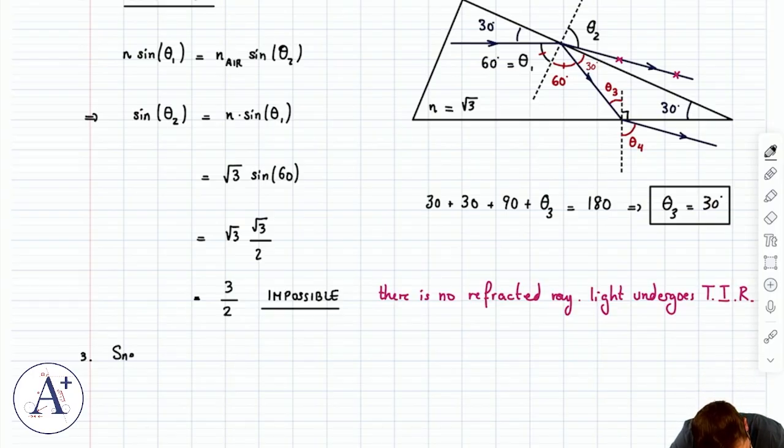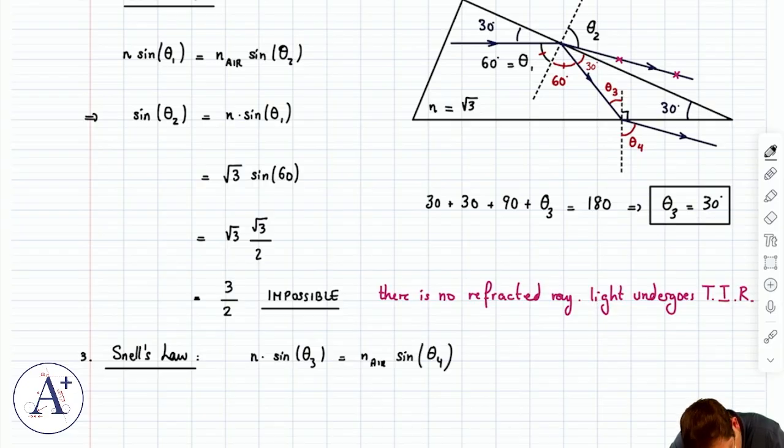So we're going to write Snell's law again. We're going to have n sine theta 3 is equal to n air sine theta 4.